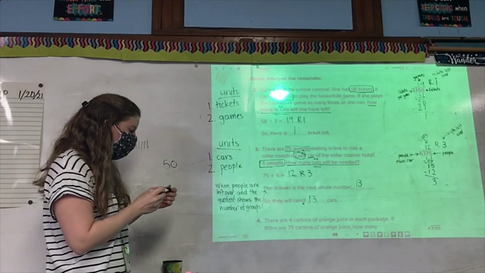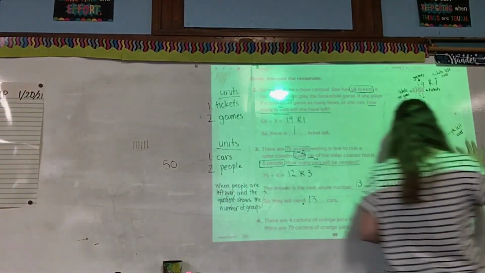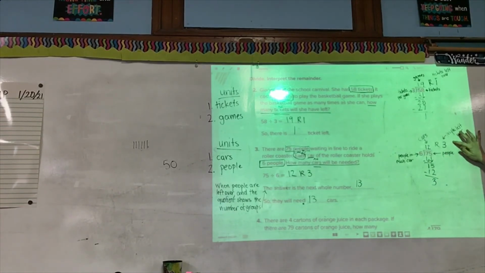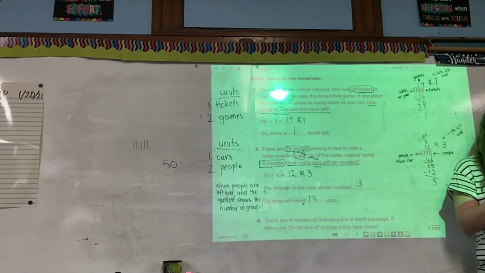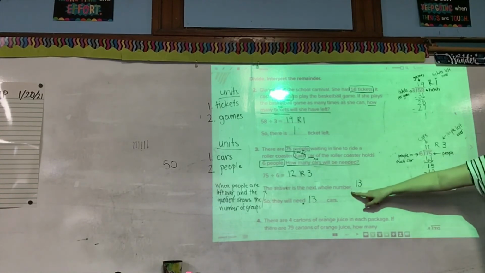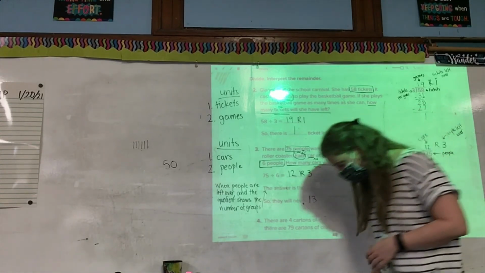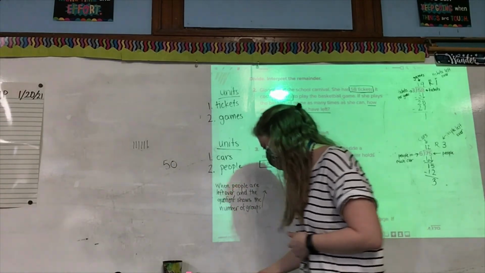So when people are left over, that means your remainder is people left over, and your quotient is groups. That means you're putting people inside of that thing. The answer is the next whole number, which in this case is 13.